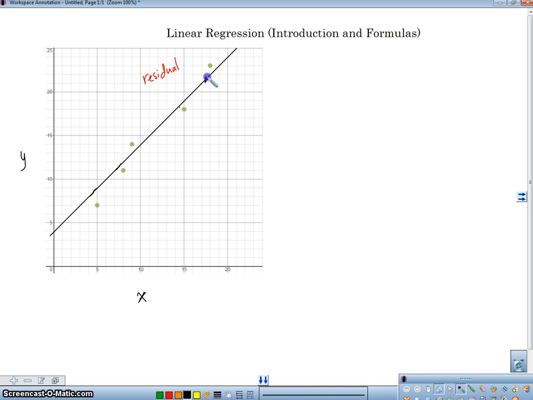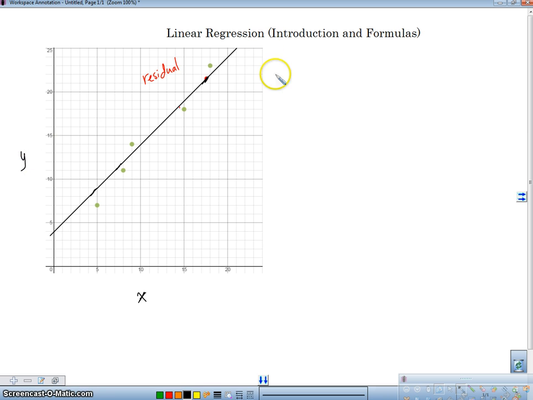So if you remember what average distance to something is, we called that standard deviation. So in essence, the slope of this line can be related to the rise and run of the standard deviation, the ratio of the standard deviations of y and x.